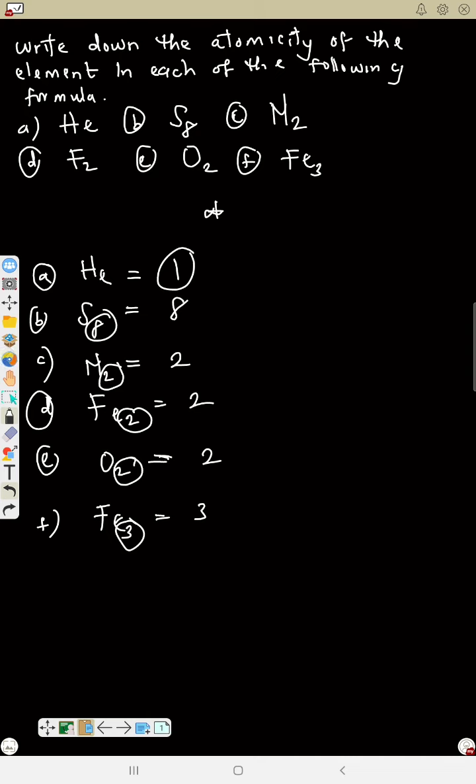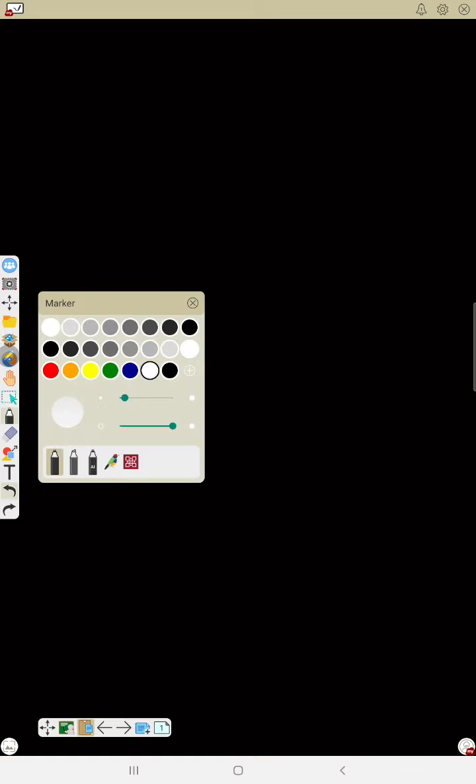So let's see another one. Write down the molecular formula of each of the following elements given the atomicity. Now let's say we have A, xenon. We have atomicity equals to 1.